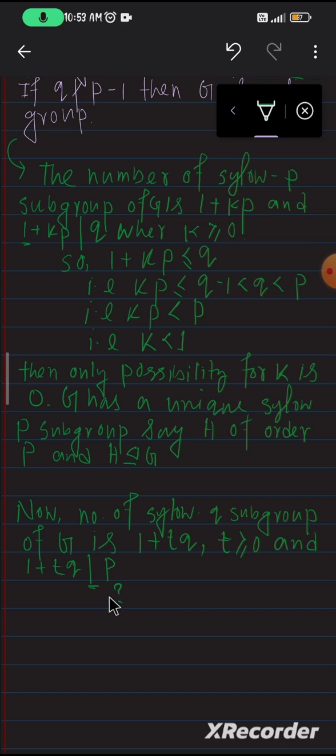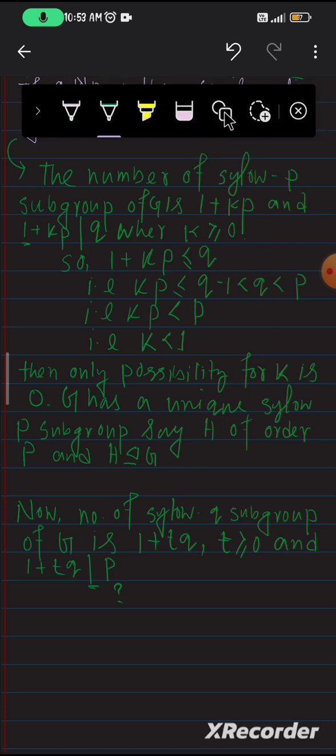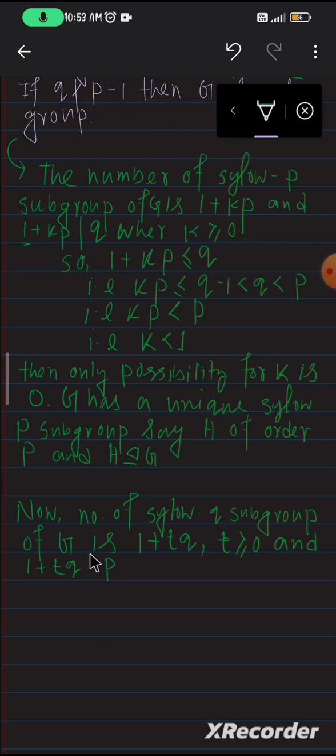Why? Because GCD of 1 plus TQ comma Q equals 1. The answer is that GCD of Q comma 1 plus TQ is 1. That's why we write this. Let me proceed.